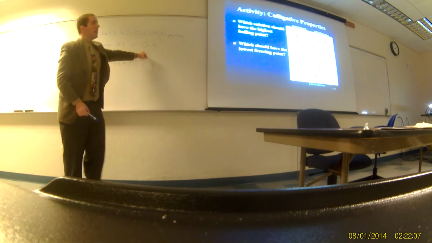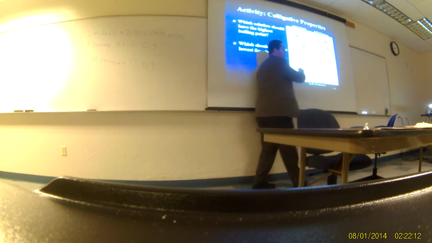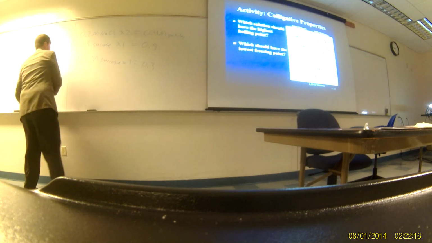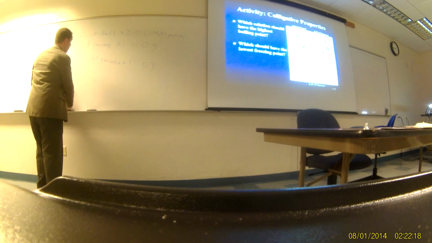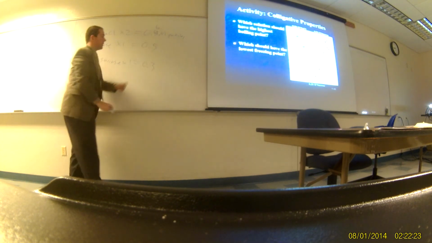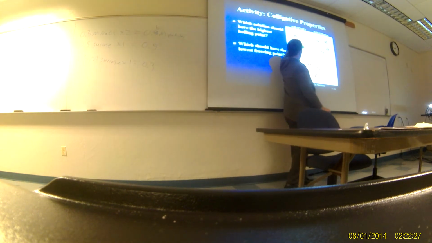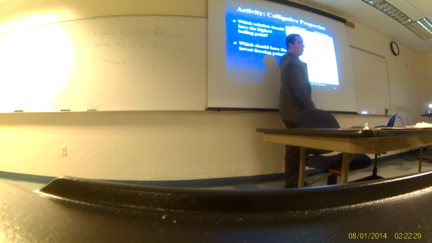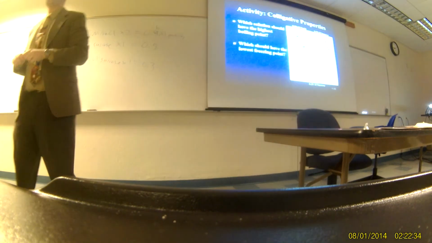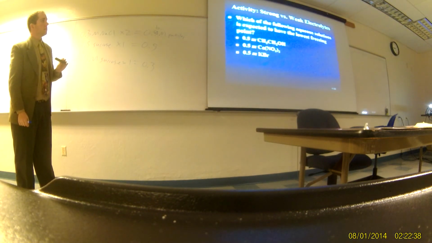The trick is to remember to multiply the concentration by the number of particles. If this was a 0.3, you would have gotten 0.6. And so even though up here it would have been 0.3 versus 0.5, this one would actually have had more particles. So don't forget to multiply the concentration by the number of particles.